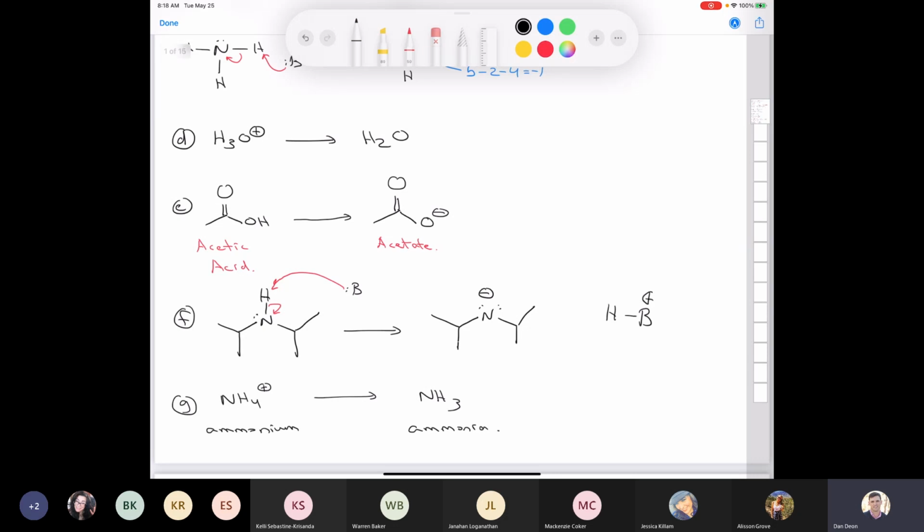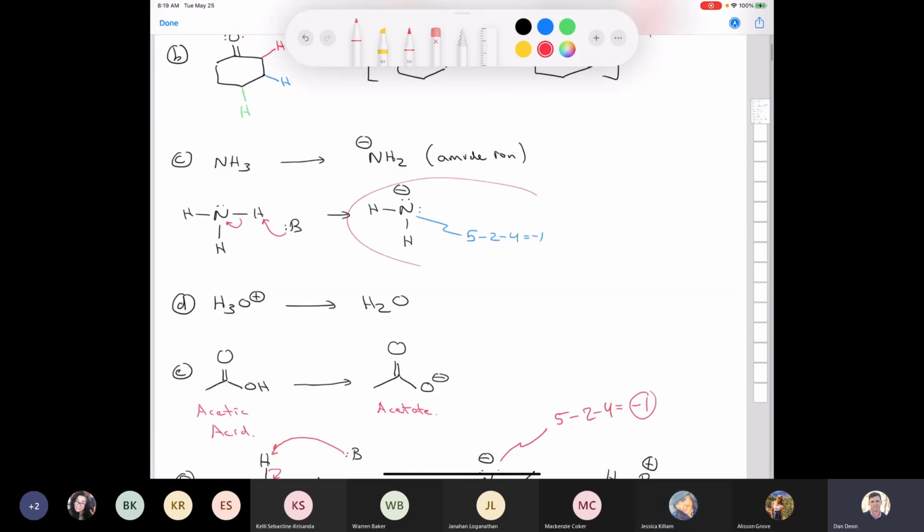You generate a conjugate acid like this. But when you look at the formal charge of this nitrogen, you have 5 valence electrons, subtract 4, and you have -1. It's the exact same thing that we did here. That's one of the bonding patterns that we looked at in chapter 1, I believe. Whenever nitrogen has 2 bonds and 2 lone pairs, it's got a negative charge.